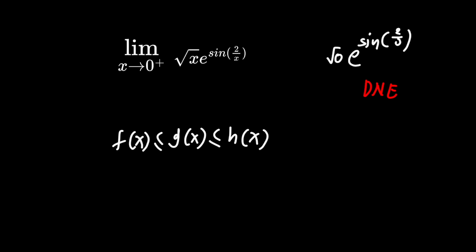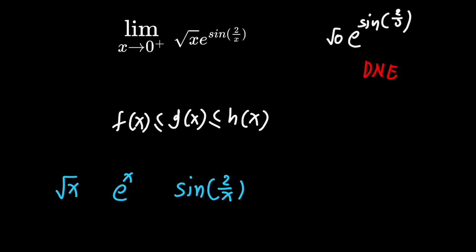But it's much more challenging if we use this combination of functions to find the boundary. But why don't we just split them into different parts? Let's say radical x, and then e to the power of x, and then the sine function.